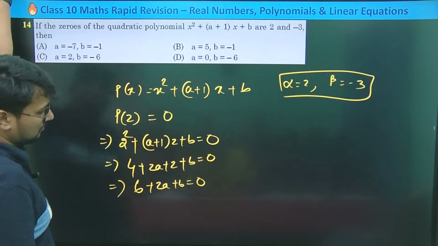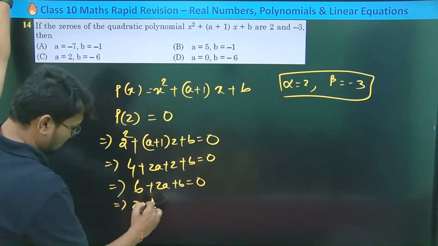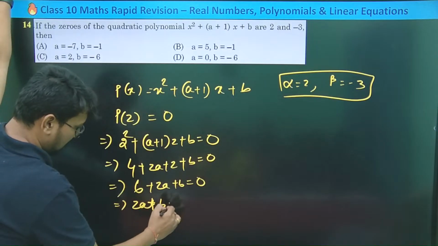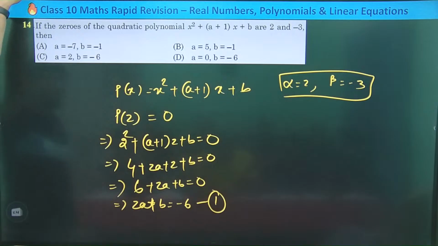Understood? 2a plus b equals minus 6. That is equation number 1. What is number 2?